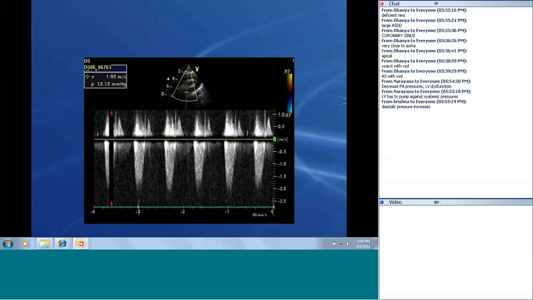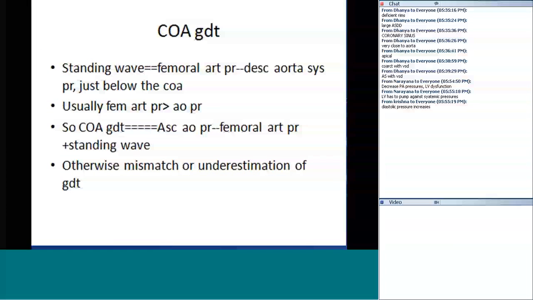Okay. Now, what is the standing wave? This is the femoral artery pressure minus descending aorta systolic pressure just below the coarctation. So if you have a coarctation, you measure the pressure in the descending aorta just below the coarctation, and measure the femoral artery pressure. Usually femoral artery pressure is more than aortic pressure. So the coarct gradient is actually equal to ascending aorta pressure minus femoral artery pressure, plus you have to add the standing wave.